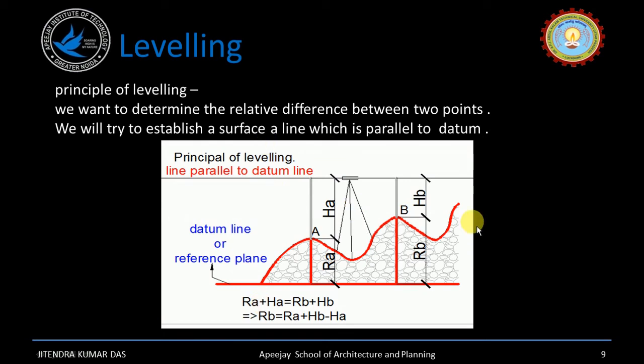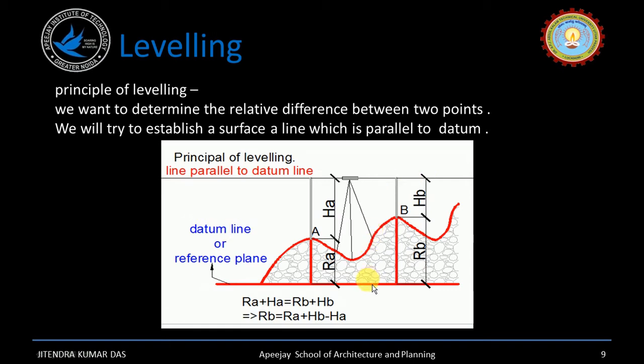So here the situation is that point A and point B are relatively close to each other, and in that situation the bottom plane, that is the datum line, is not curved yet. In reality it is curved, but the consideration of curvature is negligible. The line of sight created by any leveling staff is almost a straight line, so those two lines may be parallel to each other.